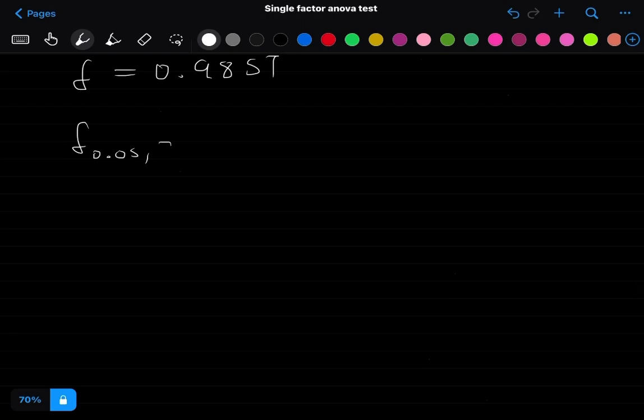So it's gonna be 2 and 12. To find this, you can use the tables. You can either use the tables or softwares like Excel.